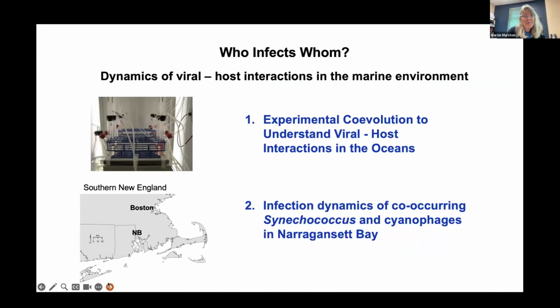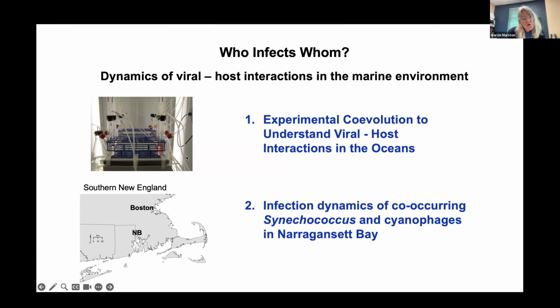And so my lab has been interested in this question of whom infects whom and the dynamics for the past 25 years. And we have been taking two approaches. One is to conduct experimental coevolution experiments in the lab, where we take one host genotype, one viral genotype, and look at them coevolve over time.